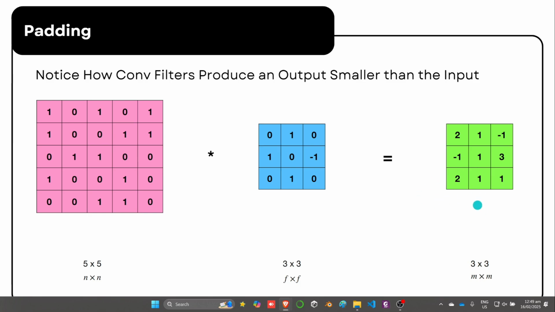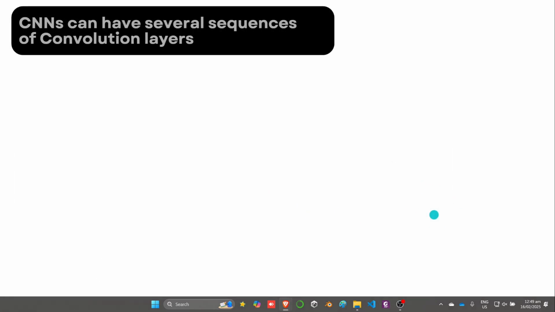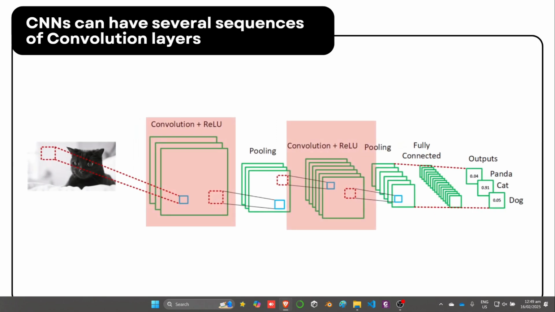Notice the important thing: the output produced is smaller than the input here. This is a 5 by 5 and this one is 3 by 3. Is that something that we want? Is that desirable?